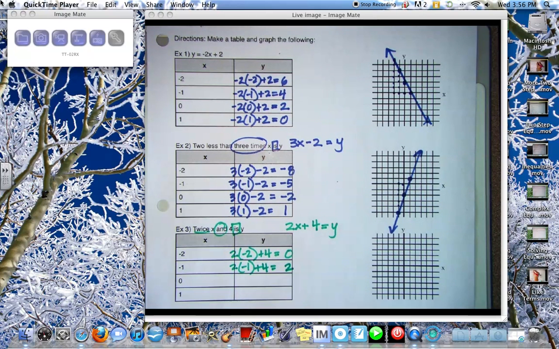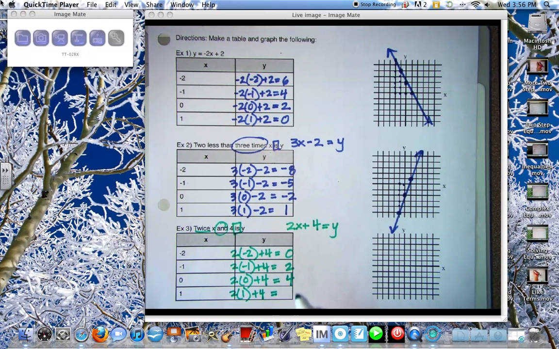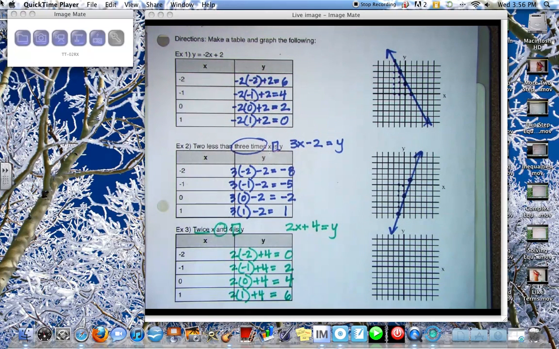That gives us 2. Next we have 2 times 0 plus 4. 2 times 0 is 0. Add 4. That gives us 4. And the next one, 2 times 1 plus 4. 2 times 1 is 2. Plus 4 is 6.